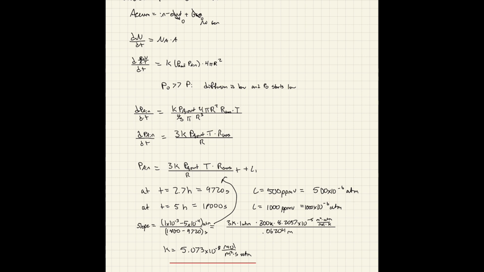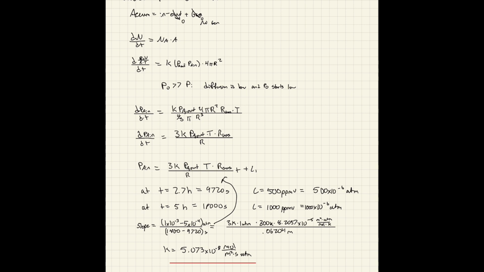We can take the parts per million volume and convert that to a partial pressure of oxygen. From there, we can find a slope of how the pressure on the inside is changing. We do this because we've assumed that it is steady state within the plastic, that flux.